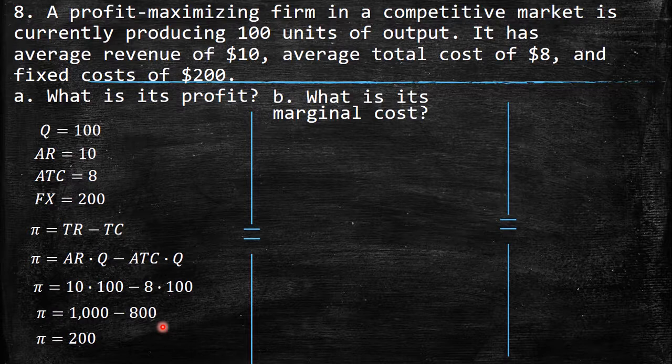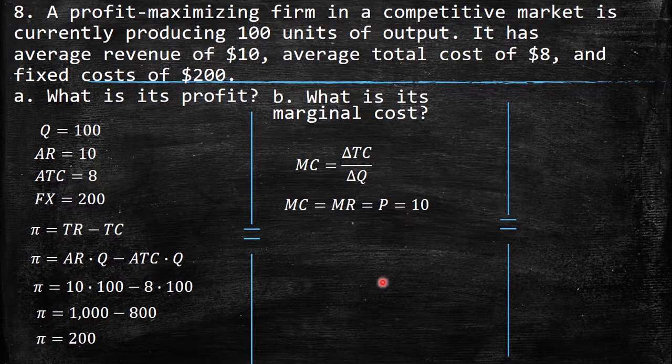Then what is its marginal cost? Remember, the definition of the marginal cost is how much the total cost is going to increase once you produce an additional unit. For this reason it is represented with the Greek letter delta.